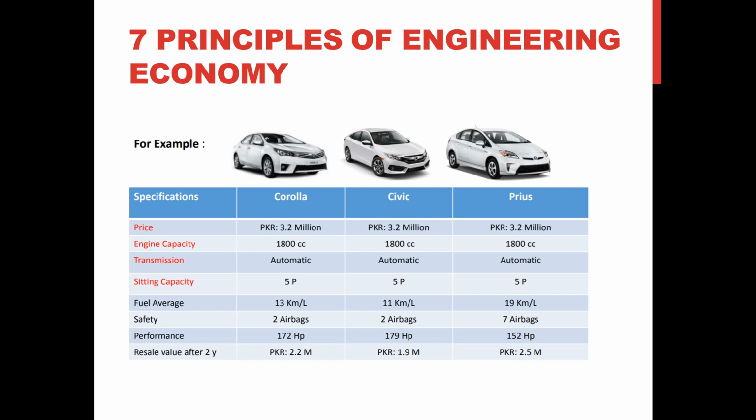So, what we wanted to focus to is the fuel average or the fuel consumption. Ano? So, Corolla has 13 kilometers per liter, Civic 11 kilometers per liter, and then Prius 19 kilometers per liter. So, kung yun ang magiging basehan natin, of course, our choice is the Prius. So, mas matipid siya.